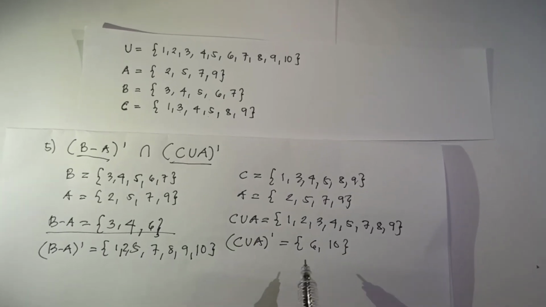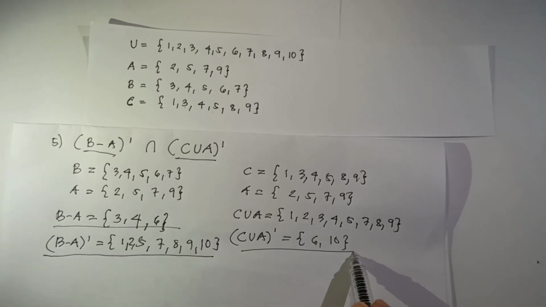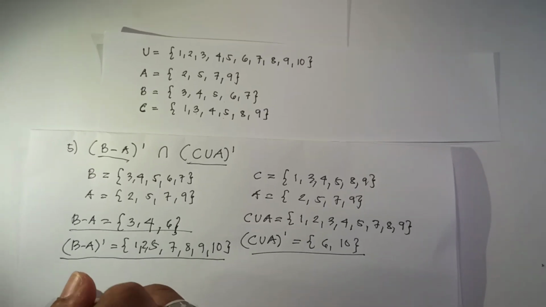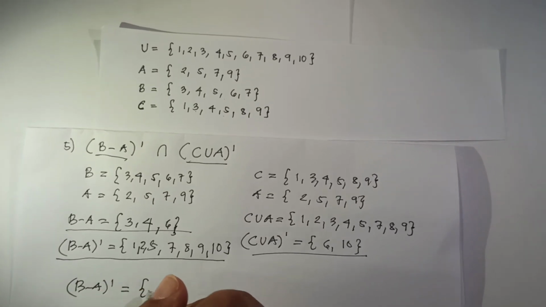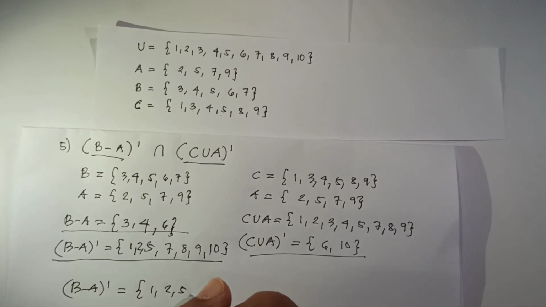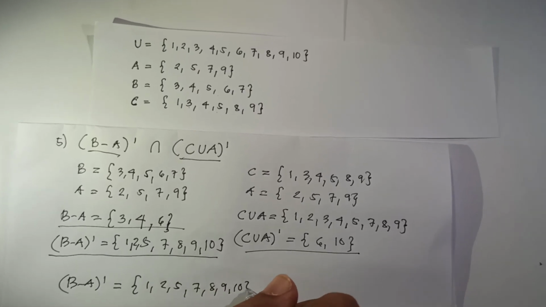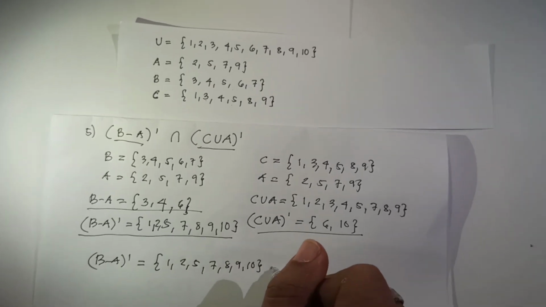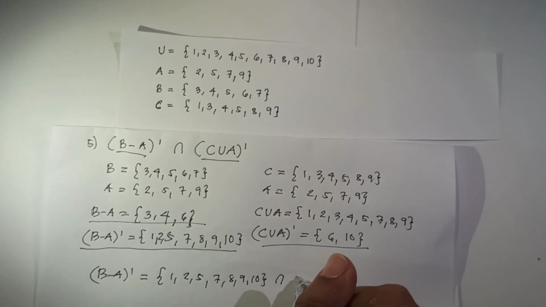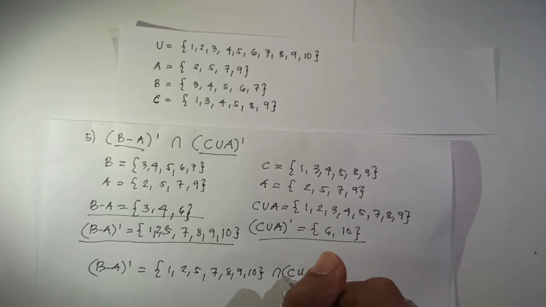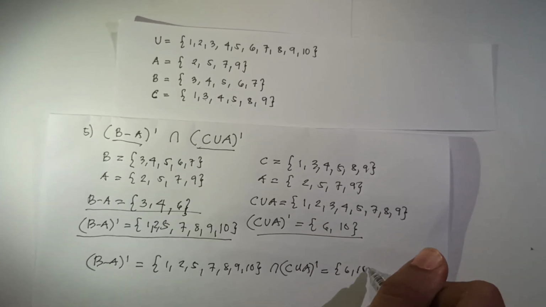So therefore, for the intersection between the two here, we're just going to write B minus A prime is equal to 1, 2, 5, 7, 8, 9, and 10 intersected with this part. So we have C union of A prime is equal to 6 and 10.